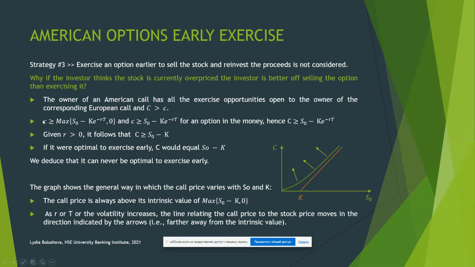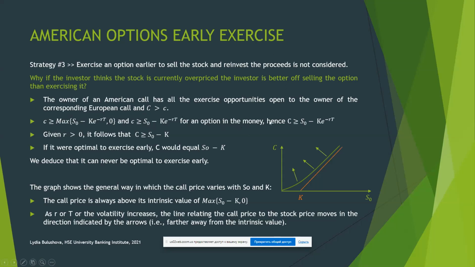As soon as we have defined upper and lower boundaries, we can say that the call option price is greater than or equal to the maximum of this. And the call option price is greater or equal to the difference between the stock price and the present value of the strike amount of money for an option in the money.